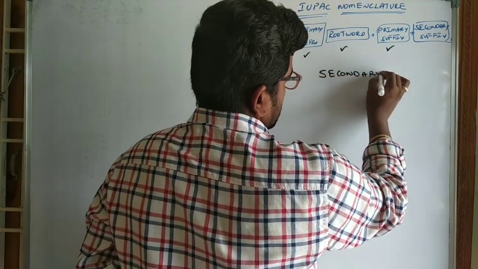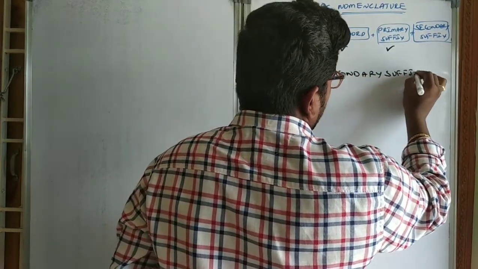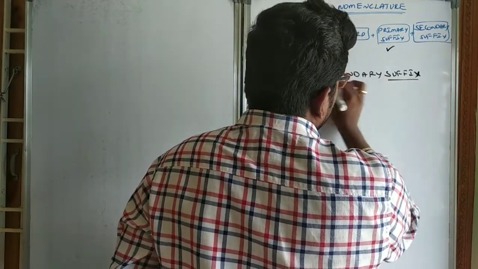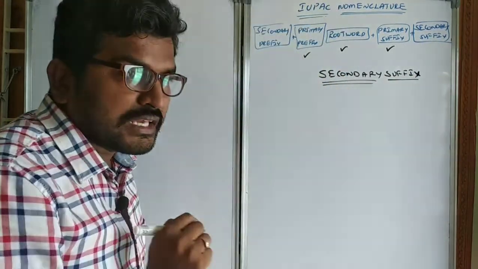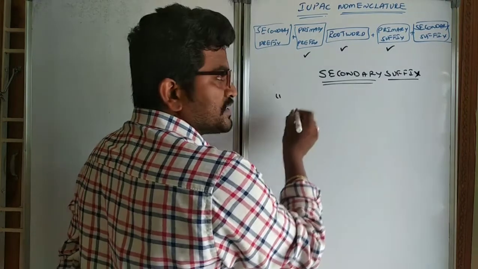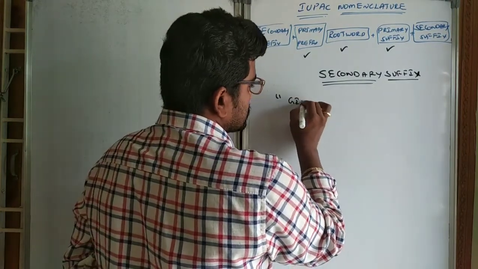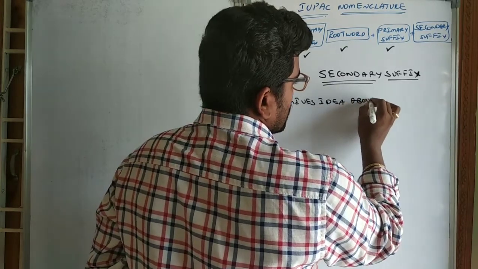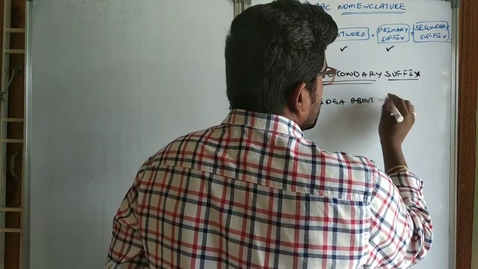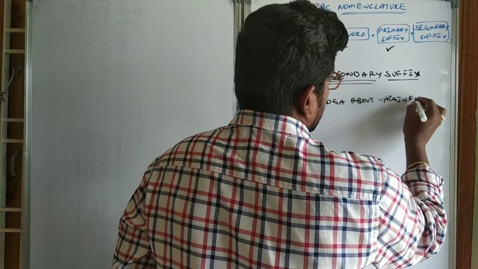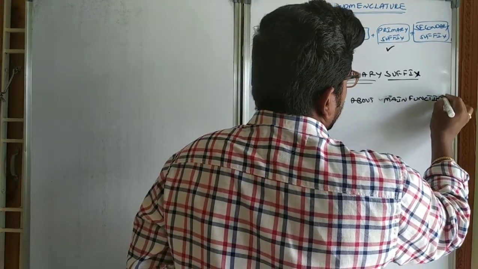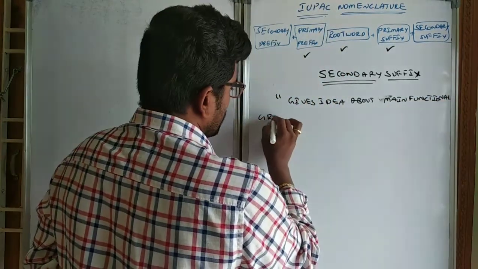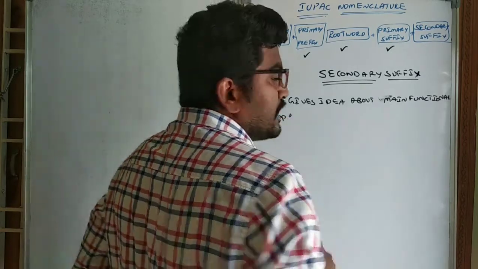secondary suffix. This is a little complicated one, and it is very important. Listen carefully. Secondary suffix gives an idea about the functional group, that is the main functional group present in the compound.